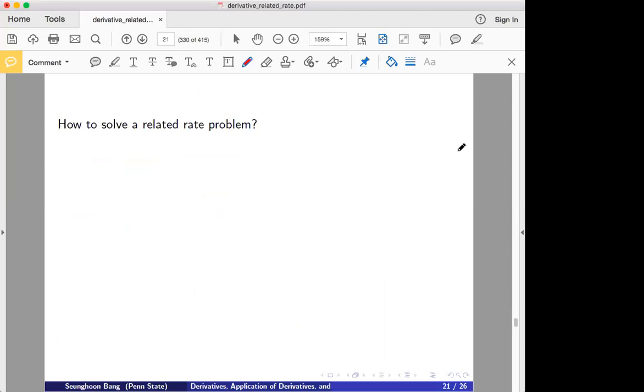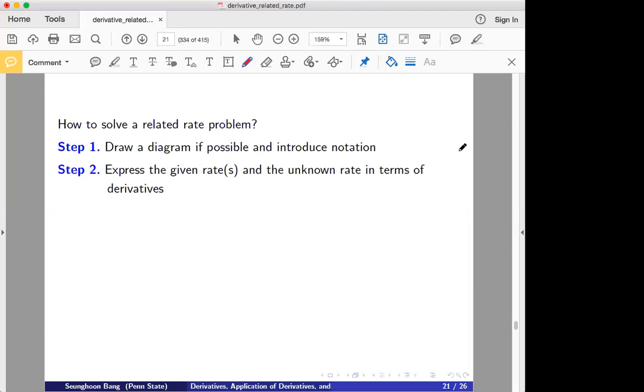So this is the last one. We try to solve 2 related rate problems together. How can you solve a related rate problem? Step 1, draw a diagram if possible and introduce notation. Step 2, express the given rate and the unknown rate in terms of derivatives. Step 3, write an equation that relates the various quantities of the problem.